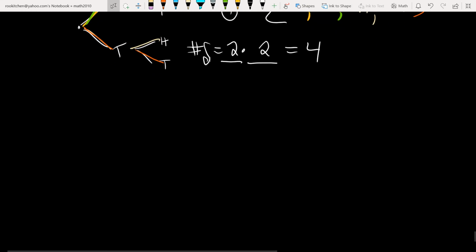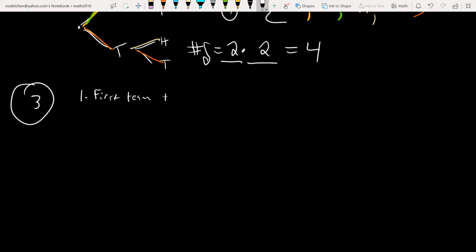Okay, they have some neat ones based on like the World Series and stuff like that. So like number 3, the World Series, we're talking about the first team to win 4 games wins. And then we want to know how many ways can the series be played if Team A wins 4 games in a row. Okay, so firstly, the first team to win 4 games wins.